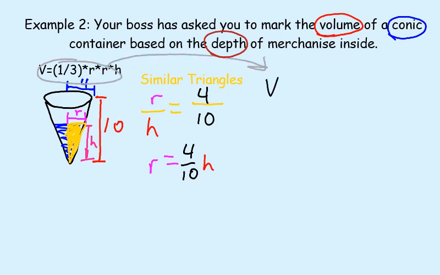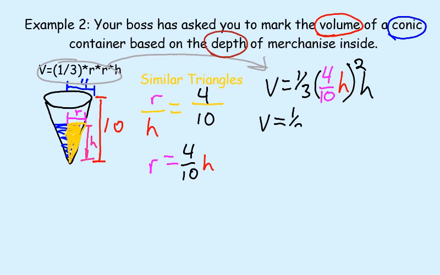So moving the volume formula over so you can see what I'm doing. I'm going to make my substitution. Now that I have that substituted in, all I have to do is a little algebra.